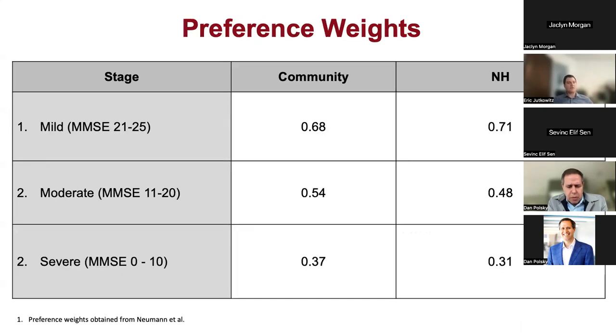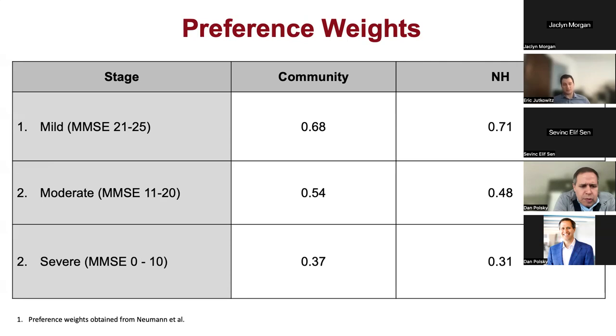So we spent a lot of our effort, in part because of where the data was, on modeling the clinical features and costs and transitions. One area that I think we still struggle with and have been thinking a lot about, though I'm not sure I have a solution yet, so maybe folks in this room have a better answer, is understanding the preference weights for different levels of dementia.